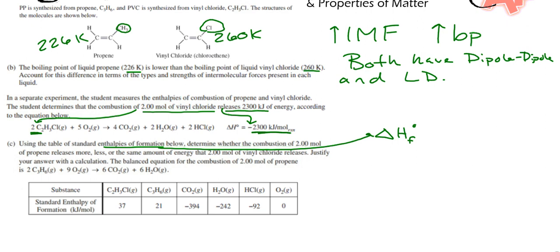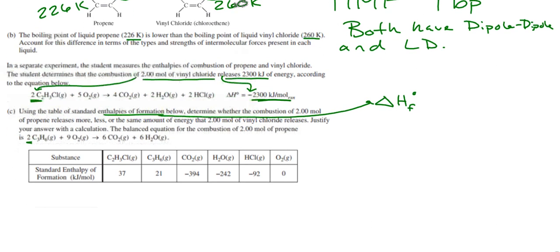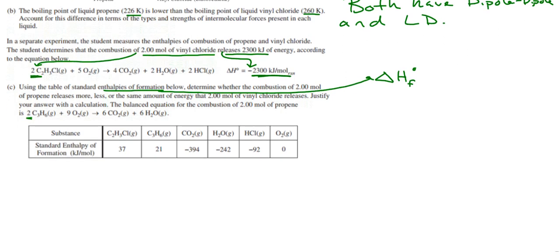The balanced equation for the combustion, they tell you what it is. So here's 2 moles. So, okay, here's the trick. Are you doing products minus reactants, or are you breaking bonds, then making bonds? That's the trick on this. Well, these are standard. I would actually write it, if you didn't already, right here. To do bonds broken minus bonds formed, you'd have to see bond energies. Okay?